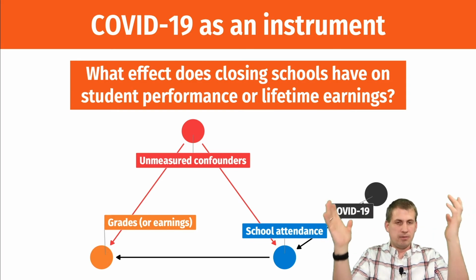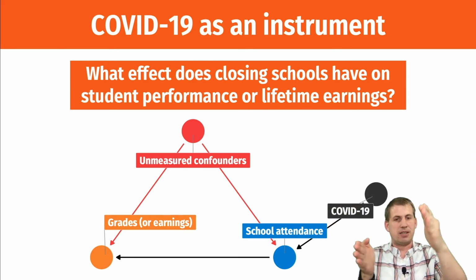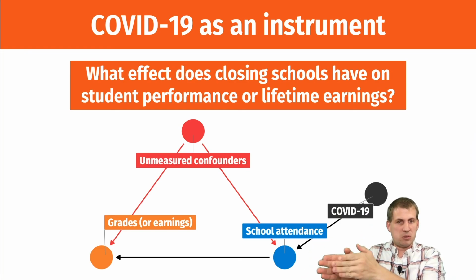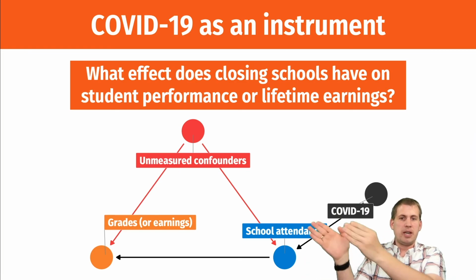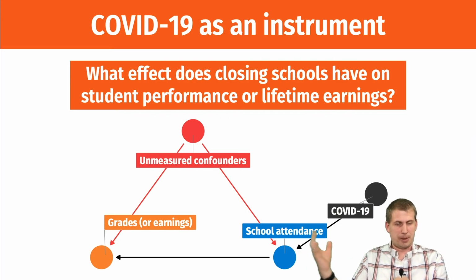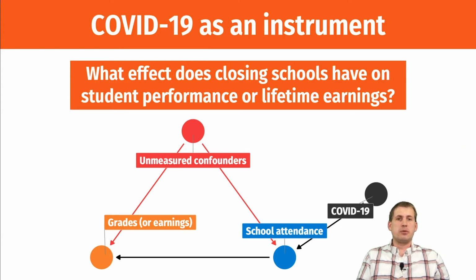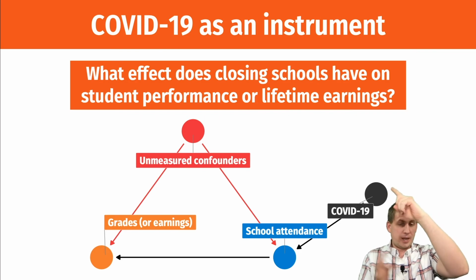And that at its core makes sense. We want to be able to use this weird exogenous thing to split our policy variable into two and then get the causal effect of the good part of that policy on our outcome. But the tricky part here is we have to make sure this meets the exclusion restriction, or the exclusion assumption, which is that we have relevancy.